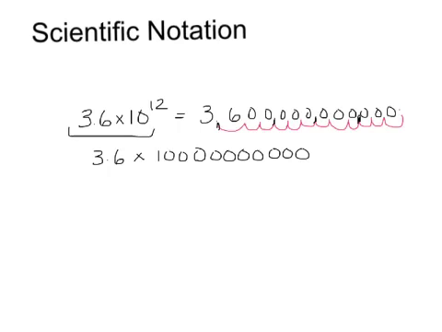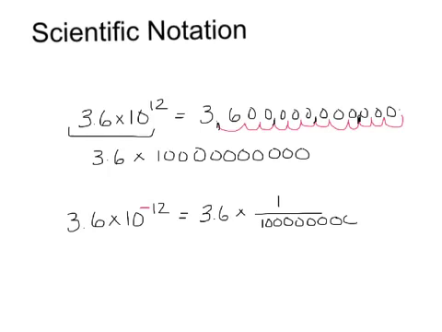We also could write numbers that are very small, in this case 3.6 times 10 to the negative 12th. The only difference is this negative sign here. What that means is I'm going to take the 3.6 and multiply it by 1 over the same number with the 12 zeros, which means I'm actually taking 3.6 divided by it.